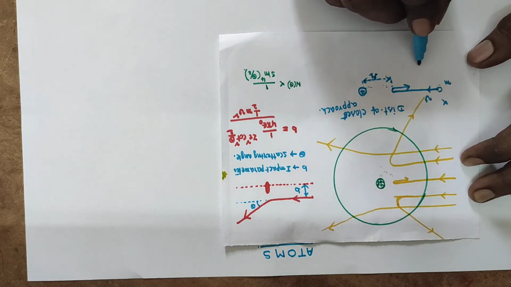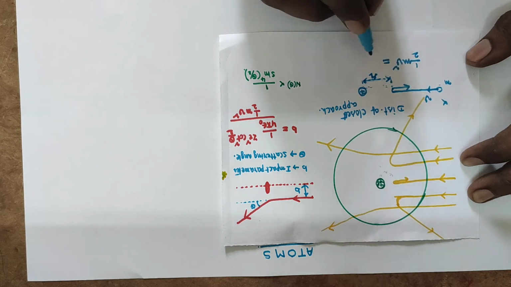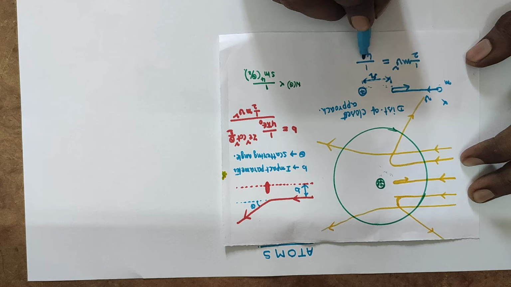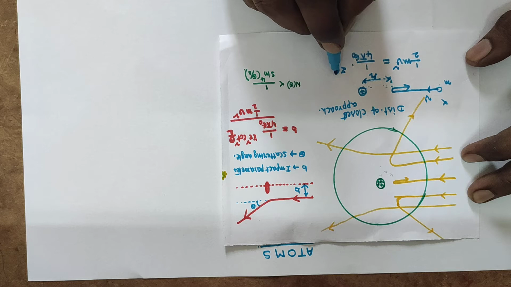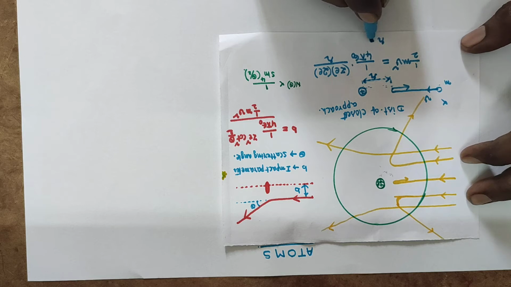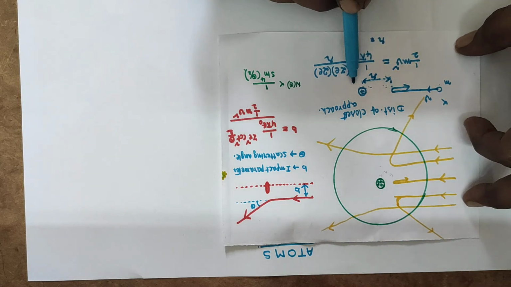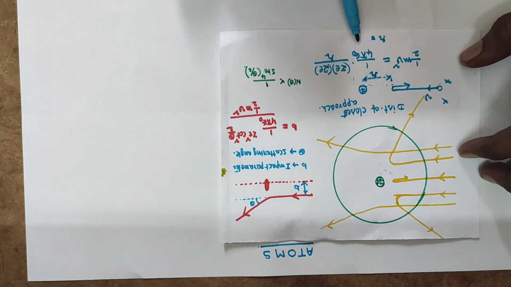That's why we can write half mv squared is equal to 1 by 4 pi epsilon naught into Ze into 2e divided by r. From this we will get the expression for the closest distance of approach of the alpha particle, and this closest distance of approach is approximately taken as the radius of the atom.